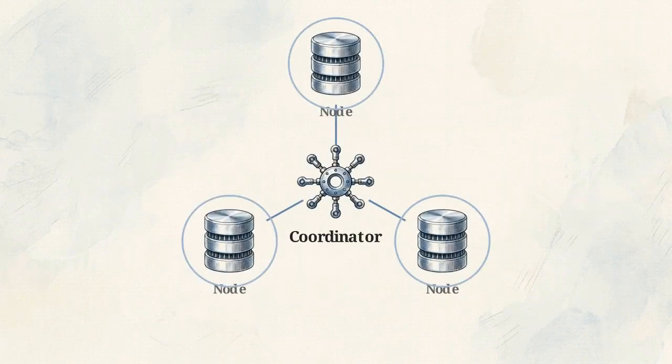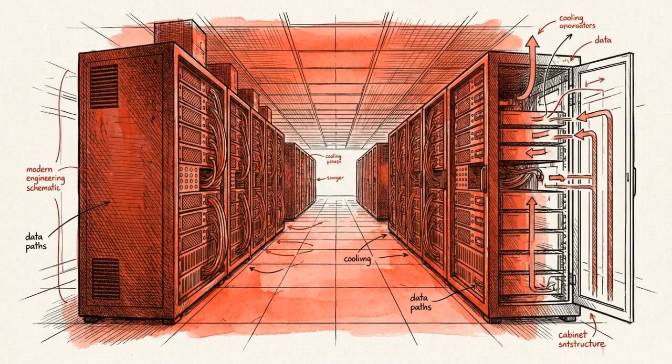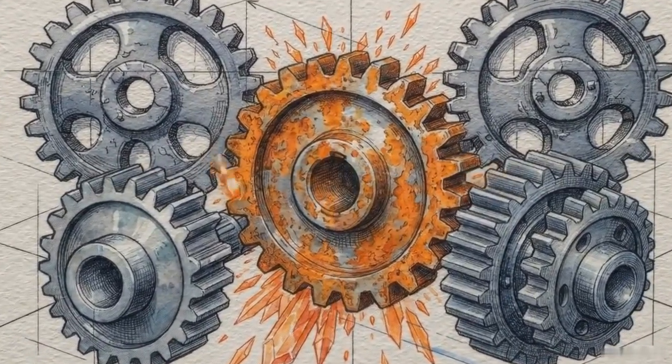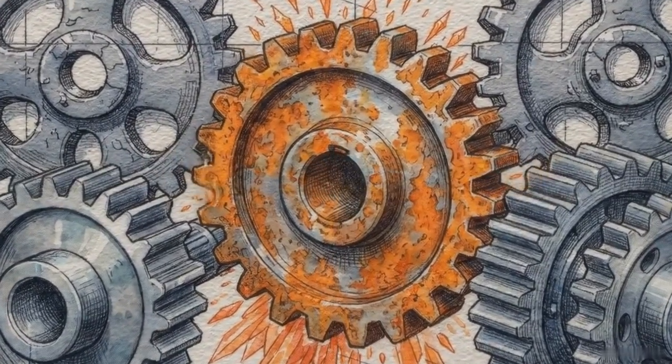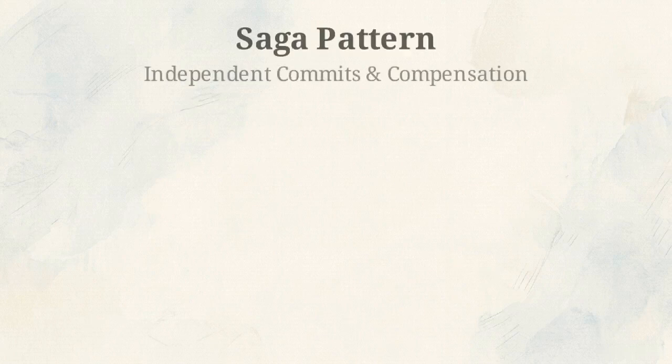A central coordinator forces all participating databases to lock their records and agree to commit or roll back their local changes at the exact same time. For modern cloud applications, this is a massive liability. If the central coordinator fails, or if a network spike delays consensus, those resources sit there holding their locks indefinitely. It destroys system availability. The modern alternative is the Saga Pattern.